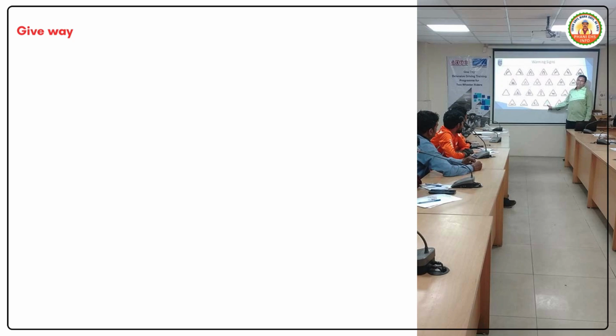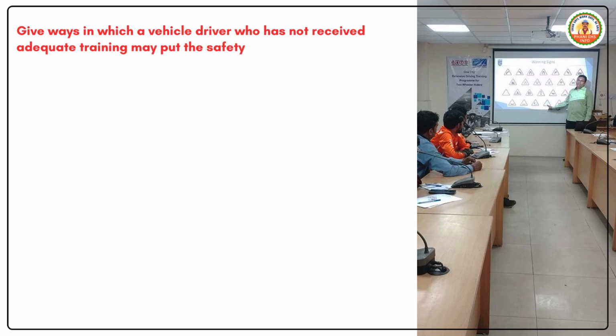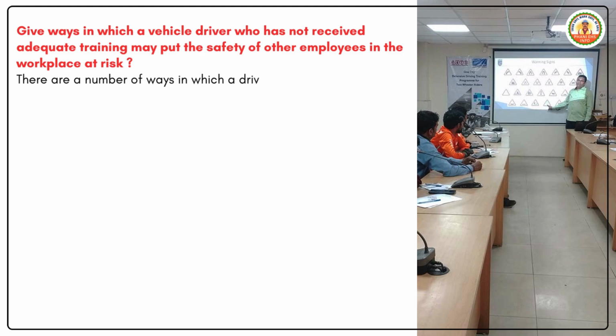Give ways in which a vehicle driver who has not received adequate training may put the safety of other employees in the workplace at risk. There are a number of ways in which a driver who has not been properly trained might put the safety of persons in a workplace at risk.